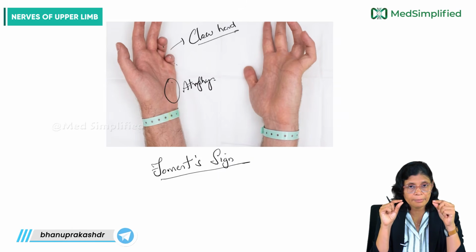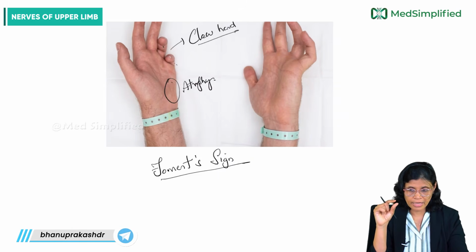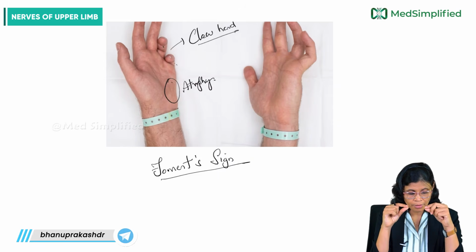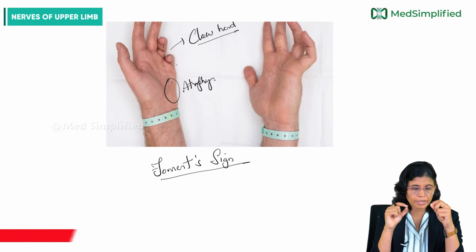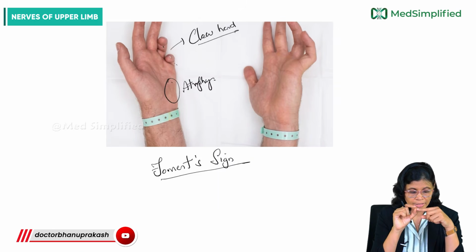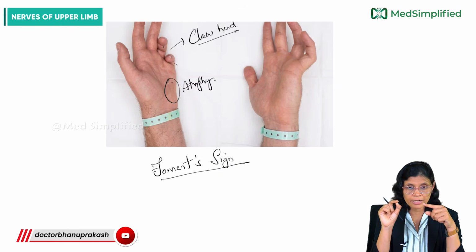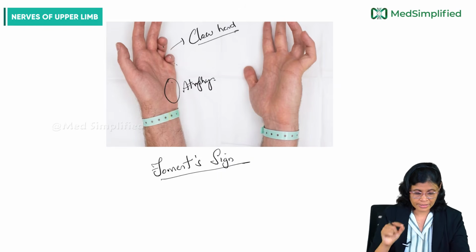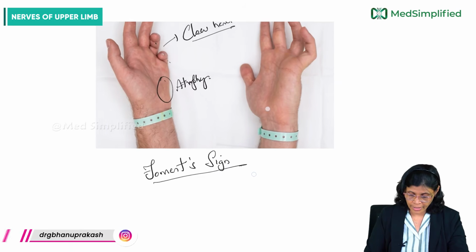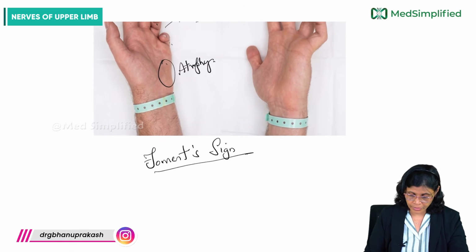When the doctor pulls, flexion of the distal phalanx of the thumb occurs due to paralysis of adductor pollicis. That is known as Froment's sign. I will show the picture and tell you again about it.